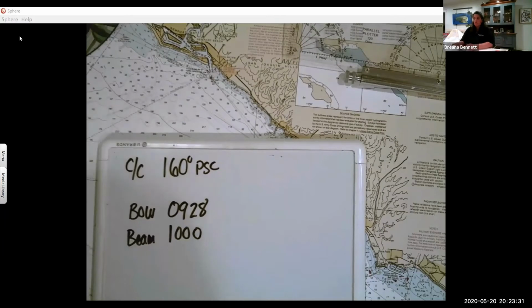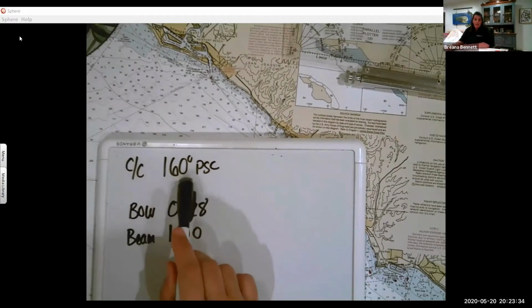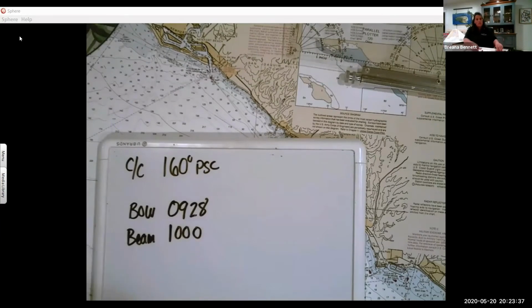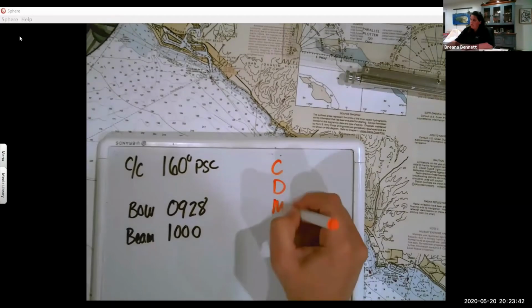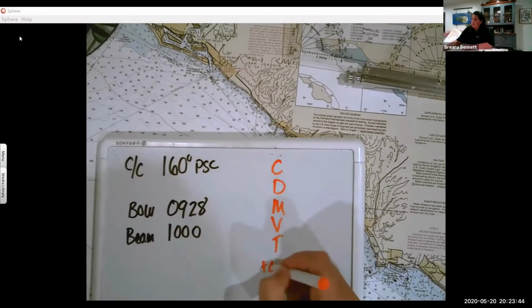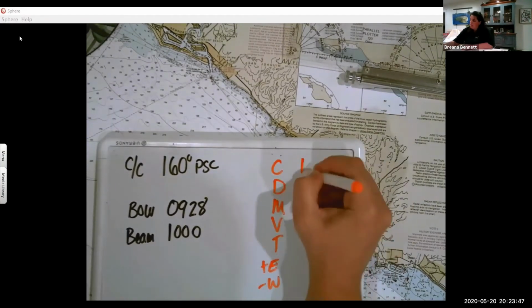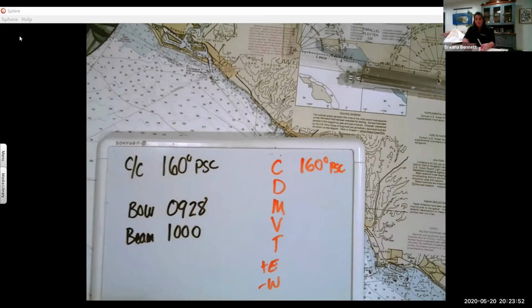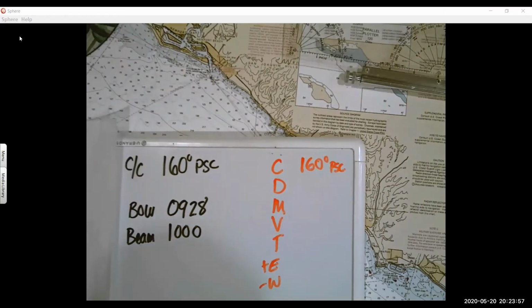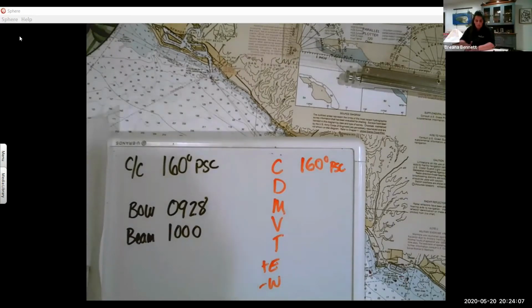Okay, so we need to convert this guy to true. So I'm gonna go from compass at 160 PSC to true. So I use my deviation table. 0 to 160, 0.